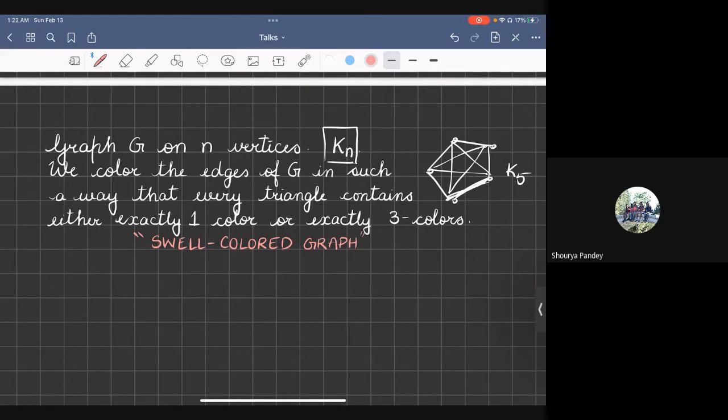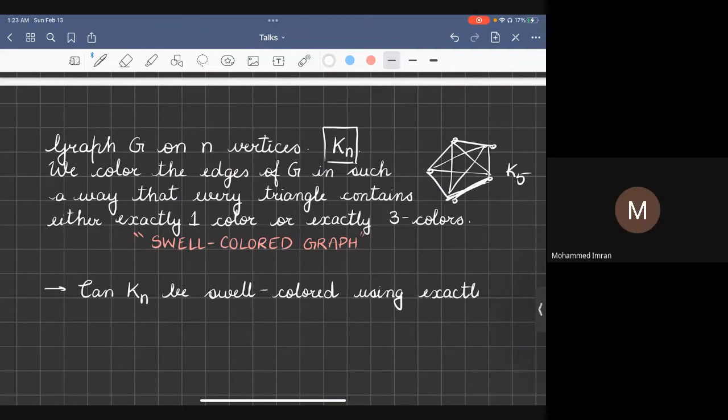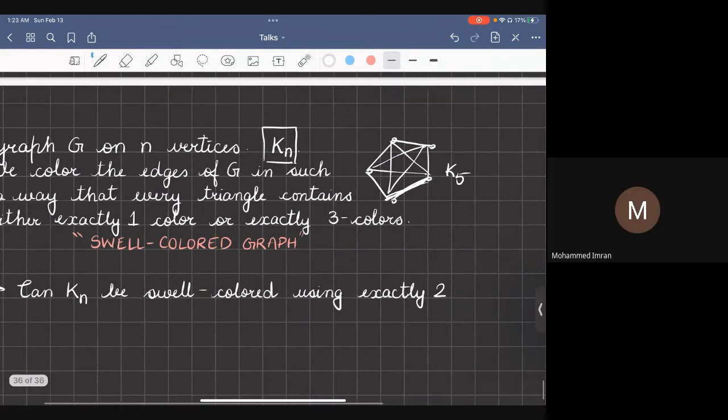Okay. So first of all, can K_n be swell colored using 2 colors? No. Why is that so?